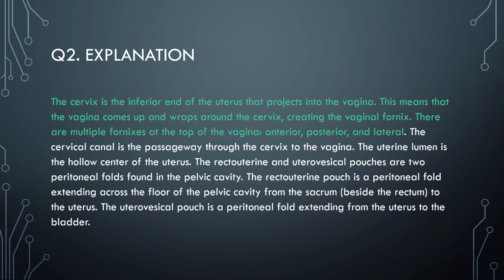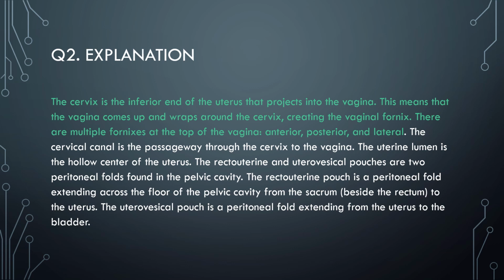The rectouterine and the uterovesical pouch are two peritoneal folds found in the pelvic cavity. The rectouterine pouch is a peritoneal fold extending across the floor of the pelvic cavity from the sacrum, beside the rectum, to the uterus.